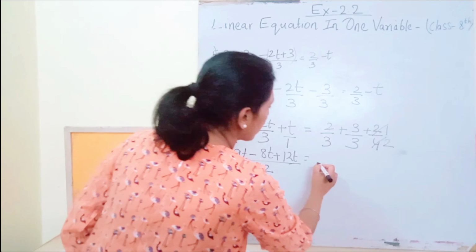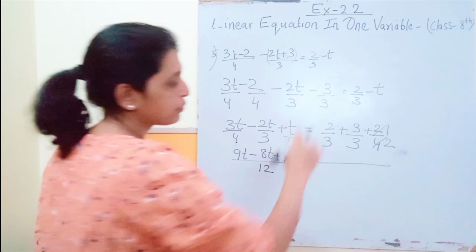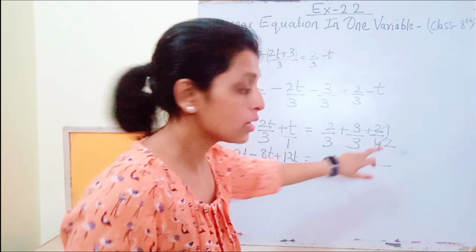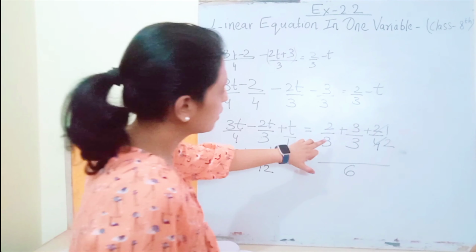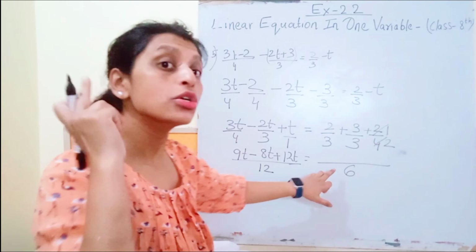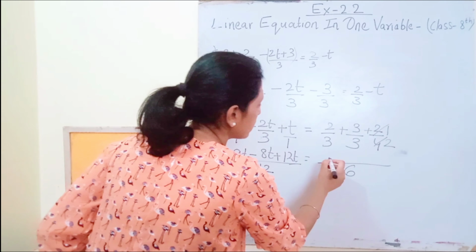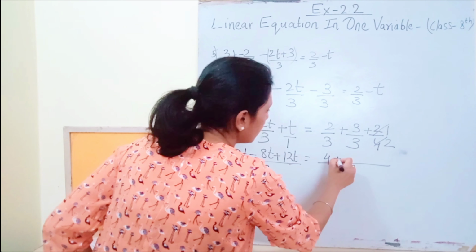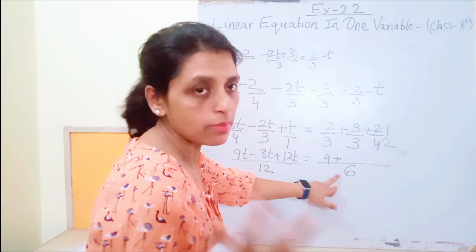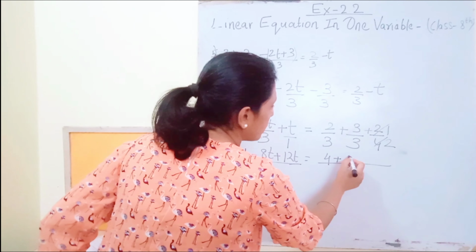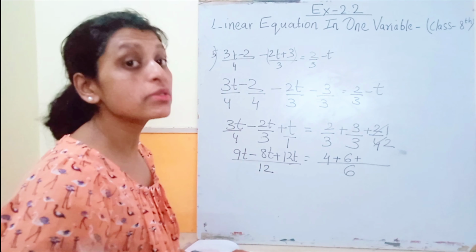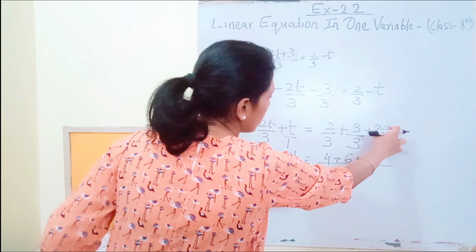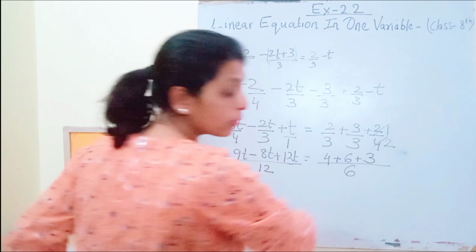Now again here also, 3 and 2's LCM is 6. In 3's table 6 comes 2 times and 2 will be multiplied here. 2 2's are 4, plus, in 3's table again 6 comes twice, it will be multiplied here. 3 2's are 6, plus, in 2's table 6 comes 3 times, so 3 will be multiplied in the numerator and will be 3.